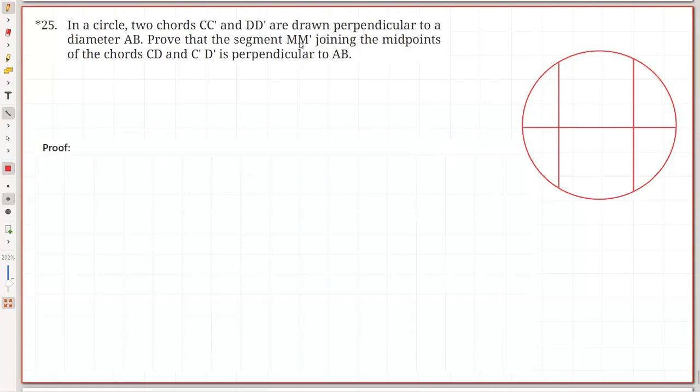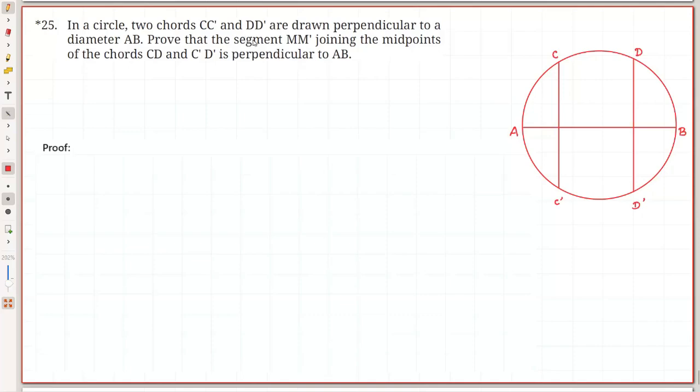So I have to prove that MM dash joining the midpoints of the chords CD and C dash D dash is perpendicular to AB. We'll name them first. This is the diameter AB, and I'm drawing two chords, one is CD and the next one is C dash D dash.